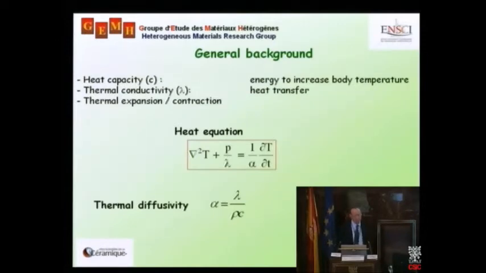So these 2 parameters control the temperature distribution in a system, and obviously heat capacity has another role. If you're looking at processes, you need to know how much energy is required to actually fire a ceramic or make a process operate.